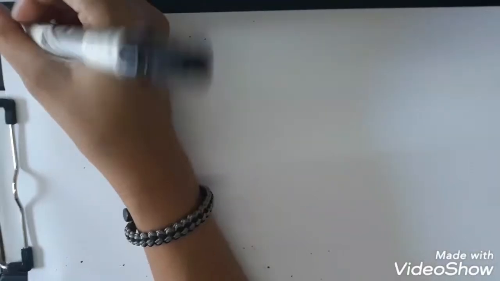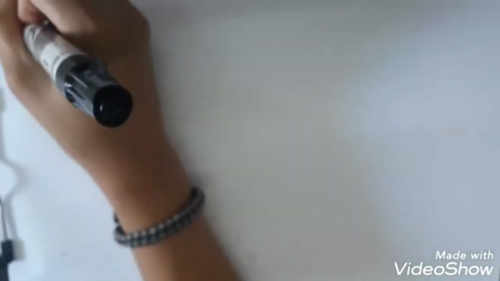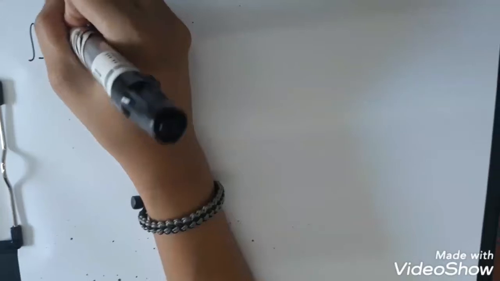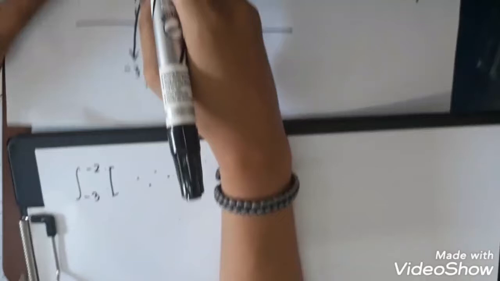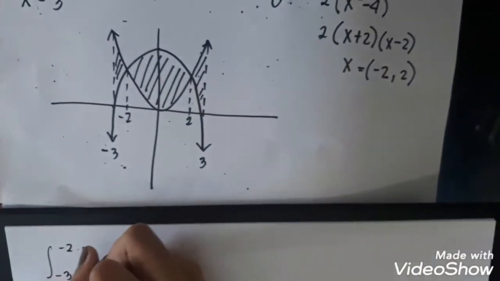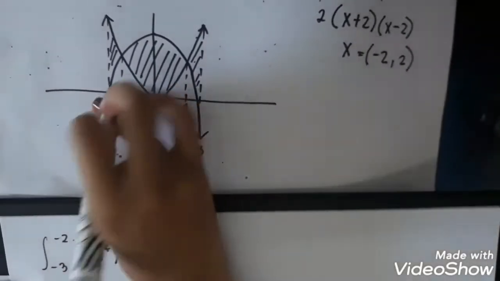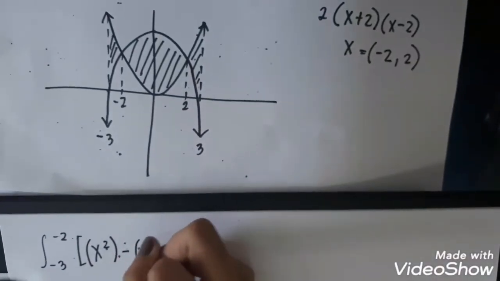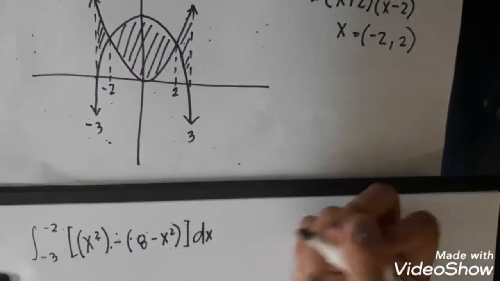So now let's plug in the values. So let's write integral from negative 3 to negative 2. So this is the top curve. So we'll write first the x squared minus the lower curve, which is 8 minus x squared dx.